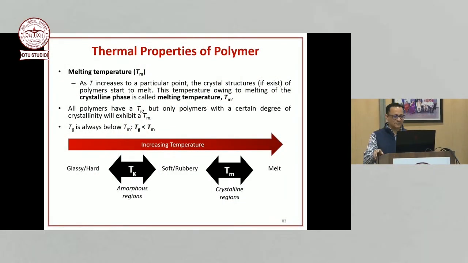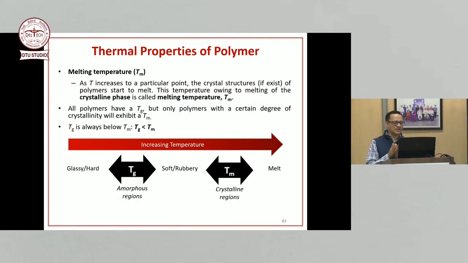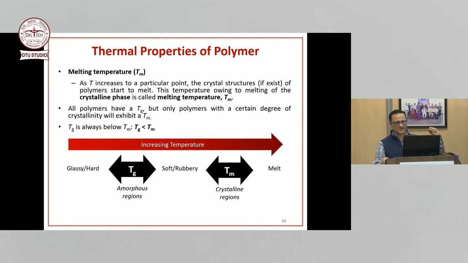Melting temperature. As temperature increases to a particular point, the crystal structure of the polymer starts to melt. This temperature, owing to melting of the crystalline phase, is called melting temperature. So I said earlier, crystalline is Tm and amorphous is Tg.